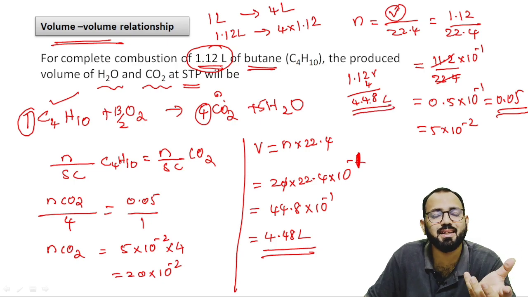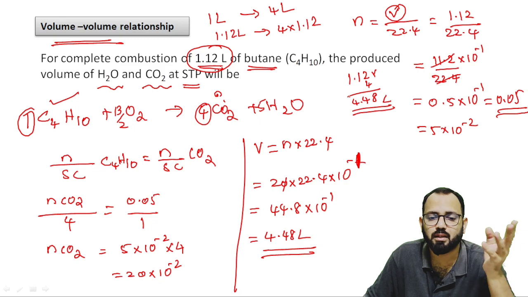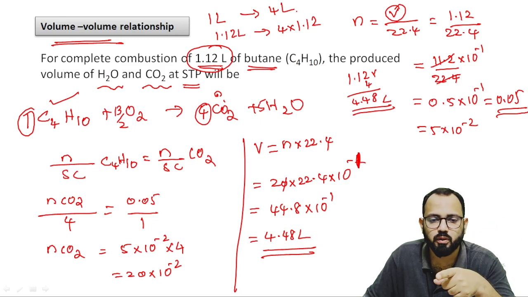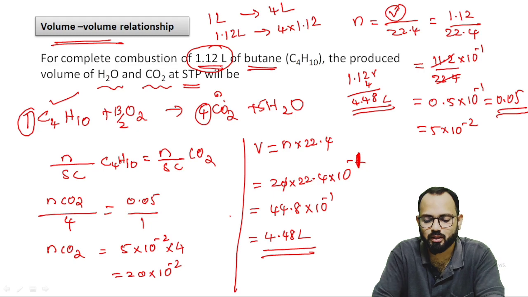You can finish this very easily, right? Because volume, moles and molecules you can directly equate. So 1 liter gives you 4 liters, so 1.12 liters gives you 4.48 liters. You don't have to do this much. Okay, I hope you understood this one.